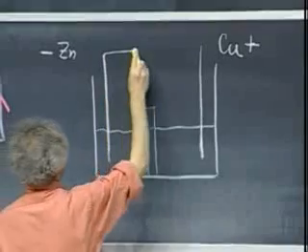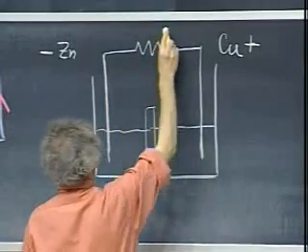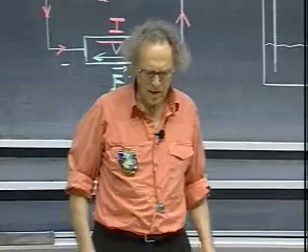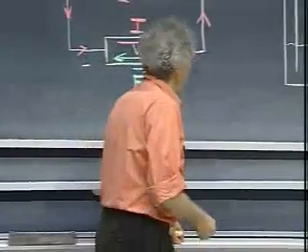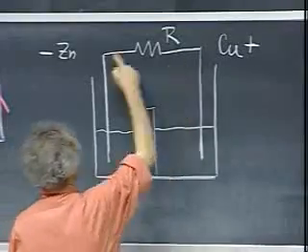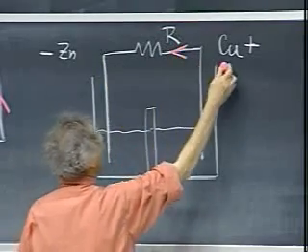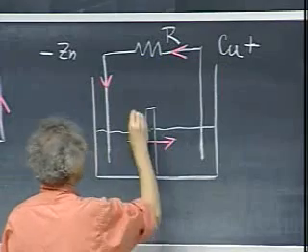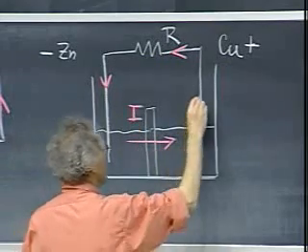And we connect them here with a resistor. And so a current is now flowing. A current is flowing in this direction through the resistor, from the plus side of the battery to the minus side. That means inside the battery the current is flowing like this.